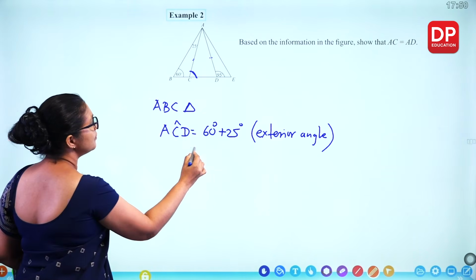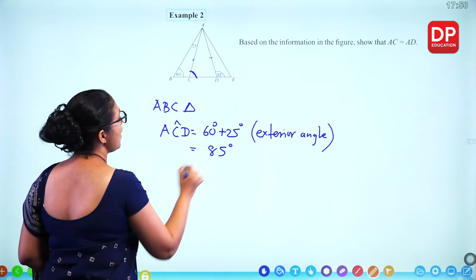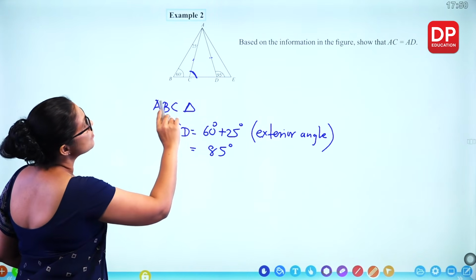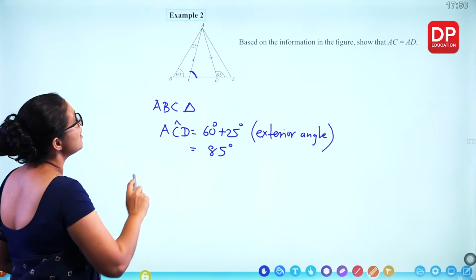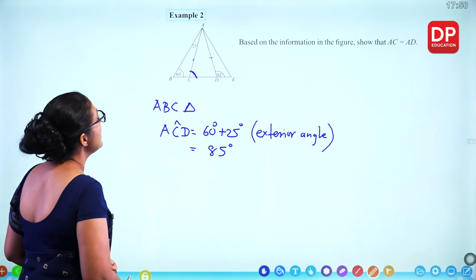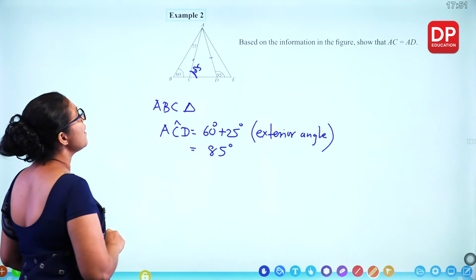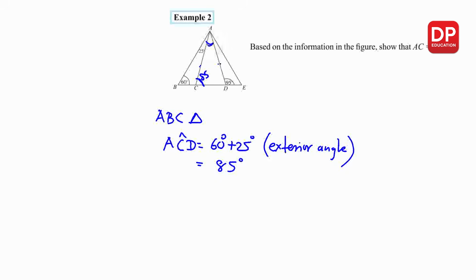So what's the value? You get 85. What can you see again? So here you have to show AC equals AD. And also you can find this angle.